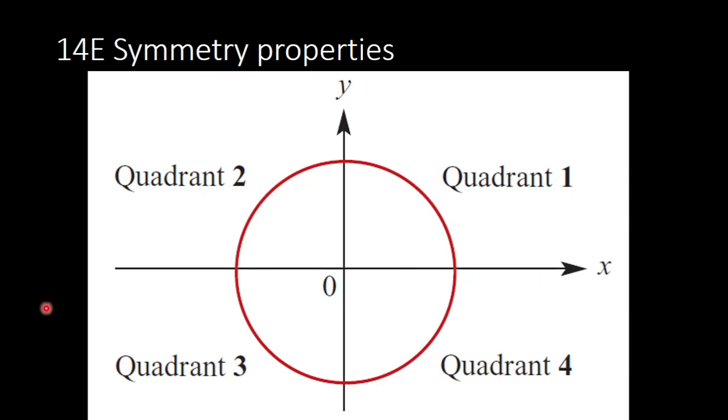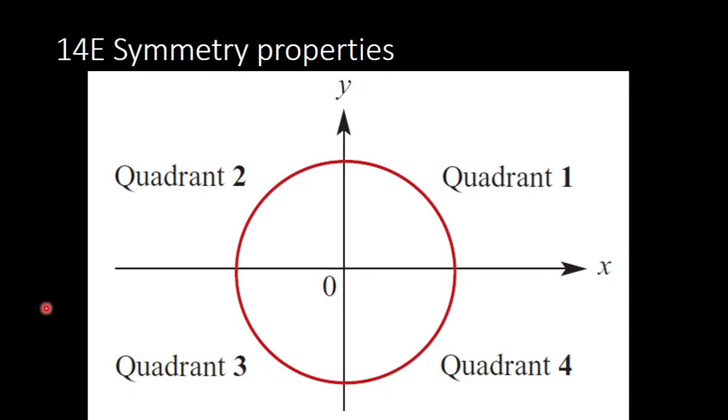We're going to look at the symmetry properties of the circular functions and also the exact values of those ratios. So the ratios we looked at were sine, cos, and tangent.